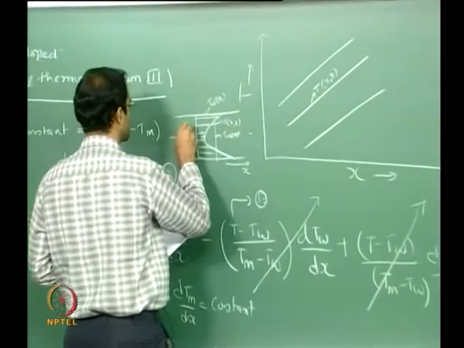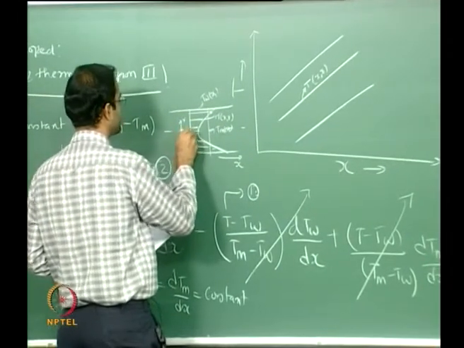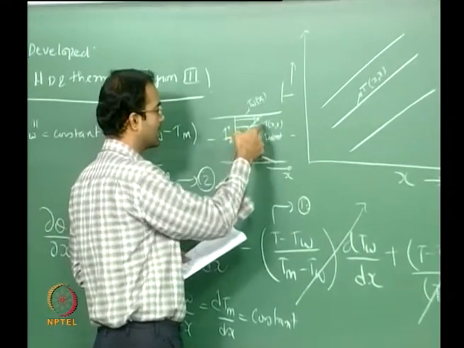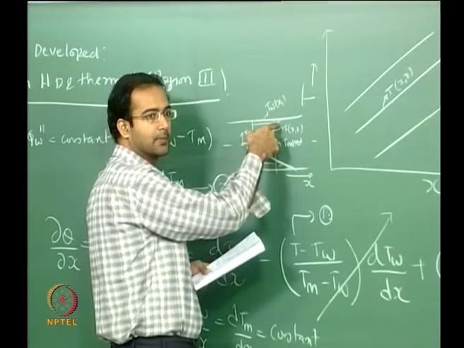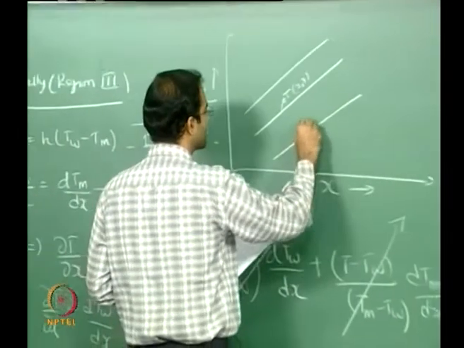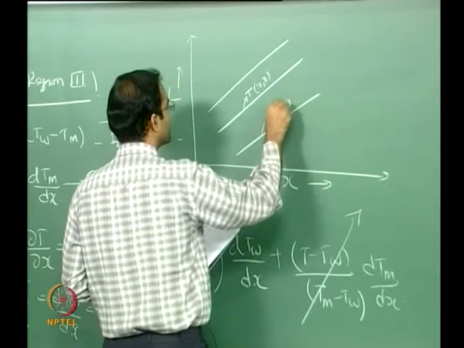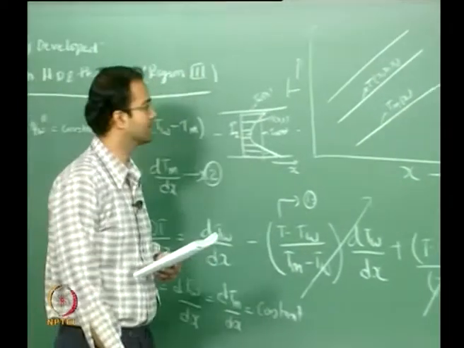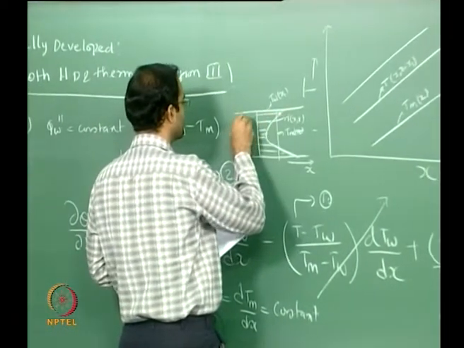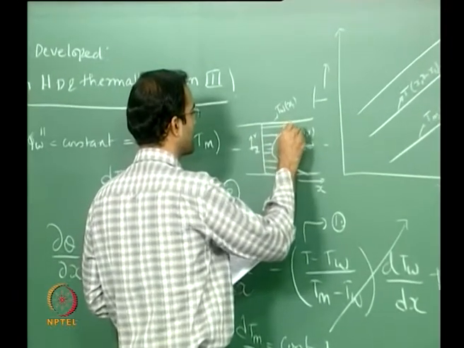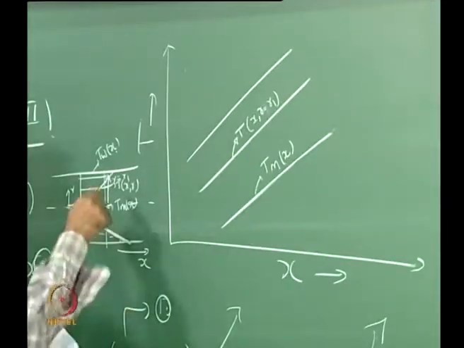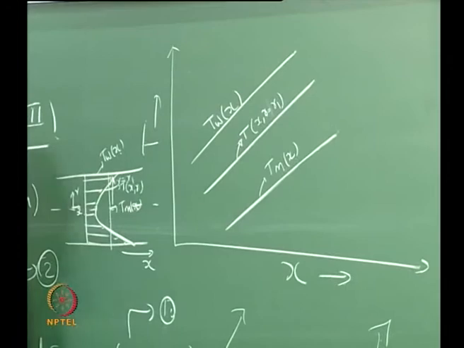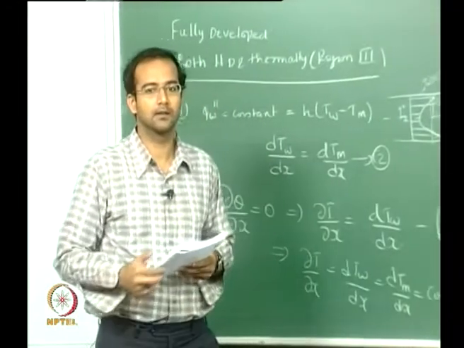This is the center, and the mean profile will be slightly lower than the temperature at this particular radial location, say r equal to r1. At the wall, of course, that will be the highest temperature amongst all three, and that will also vary linearly like this.